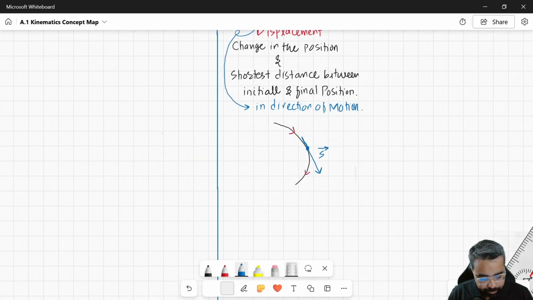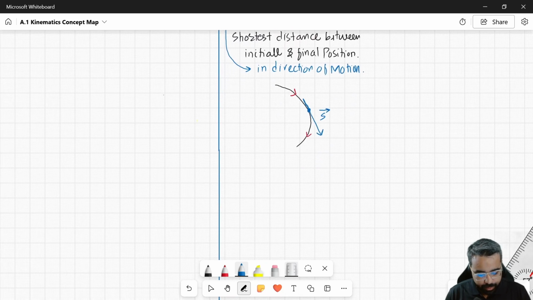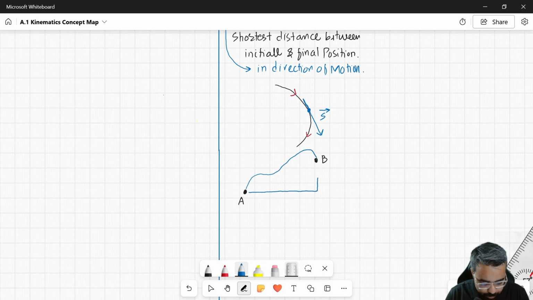Now secondly, as I told you, it is the change in position. For example, if you are standing at this position, this is your initial position at point A, and this is your final position at point B. You can move in different paths, any path like this. So this is path number 2.